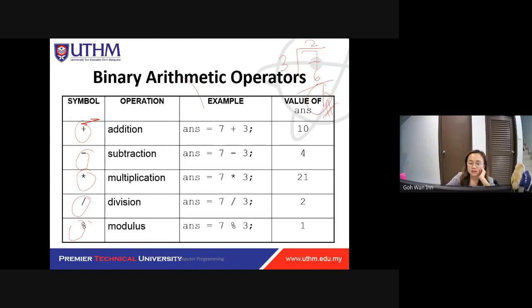A floating number also works. Modulus means 7 divided by 3, and what is the leftover? The leftover is 1. That's what modulus means.